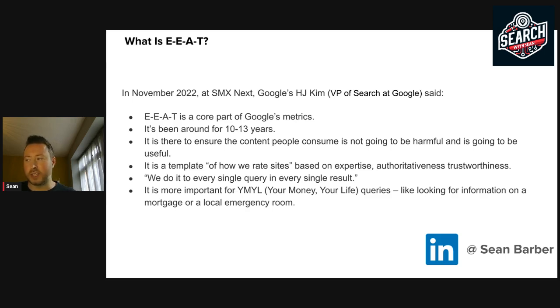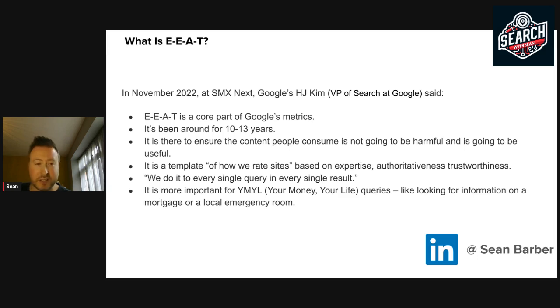I know it's a few years ago, but I still think it's worth putting here because in November 2022, at an SMX event, Google's VP of Search, H.J. Kim, said a few things around EAT. He said that EEAT is a core part of Google's metrics.